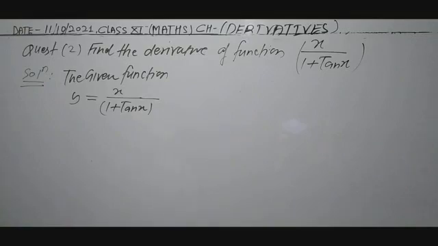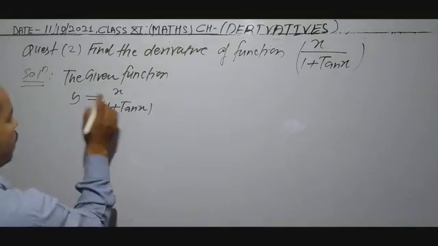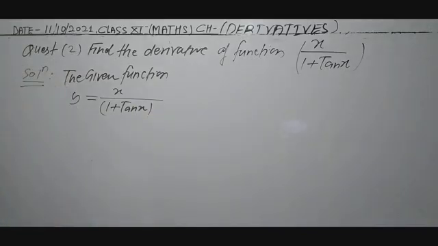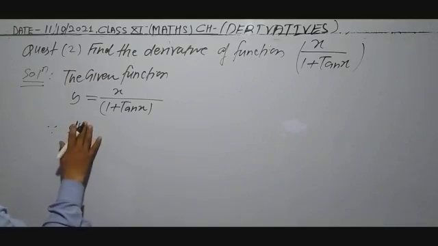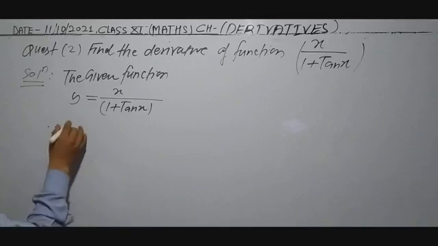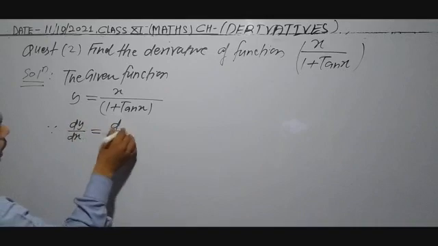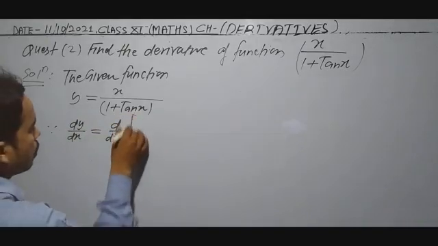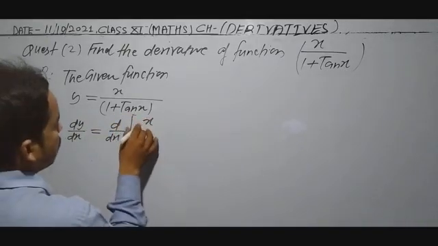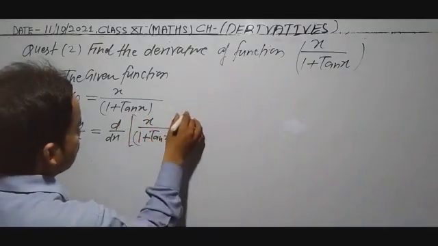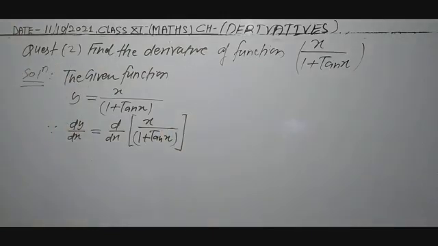Now in this question we have to solve by using chain rule, a quotient rule. So since dy by dx, suppose when you will operate d by dx on both the side, so this will be x upon 1 plus tan x.